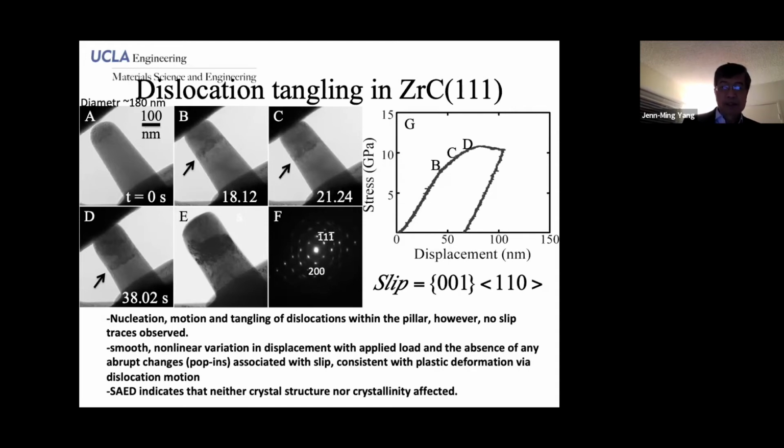So this is essentially the direct observation of the plastic deformation of zirconium carbide 100 and zirconium carbide 111 single crystals under uniaxial compression. We are able to identify the slip systems which operate in these two crystallographic orientations.